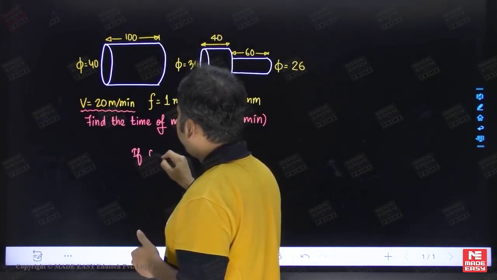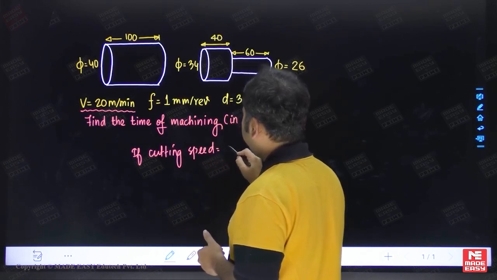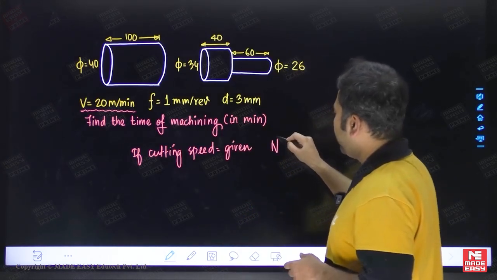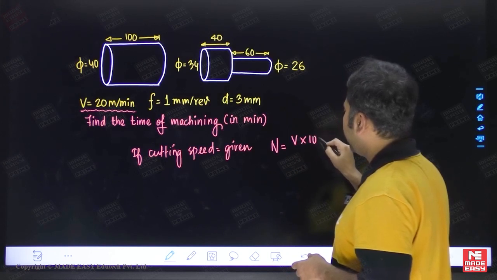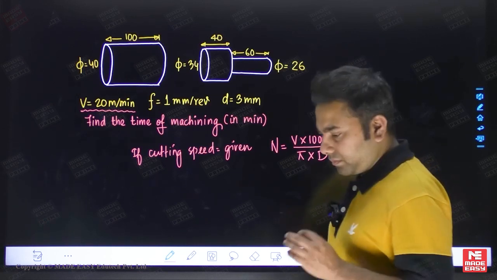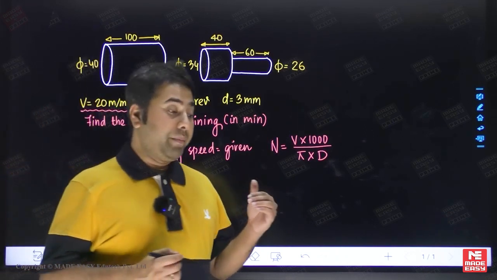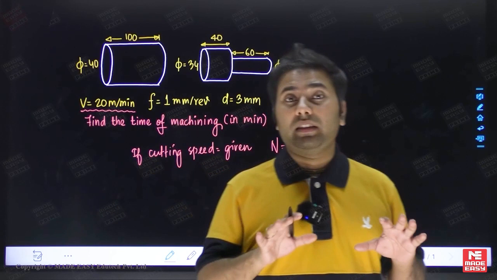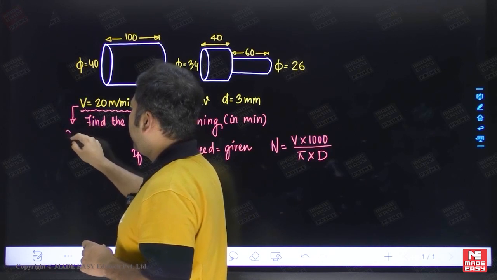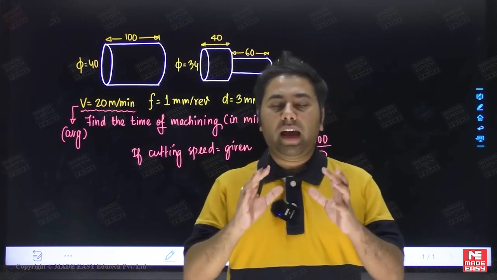If cutting speed is given to us, then we need to find the value of N with the formula V times 1000 divided by pi times D. The velocity given in the question can be maximum or average, but since nothing is specified, you have to consider this velocity as the average velocity.